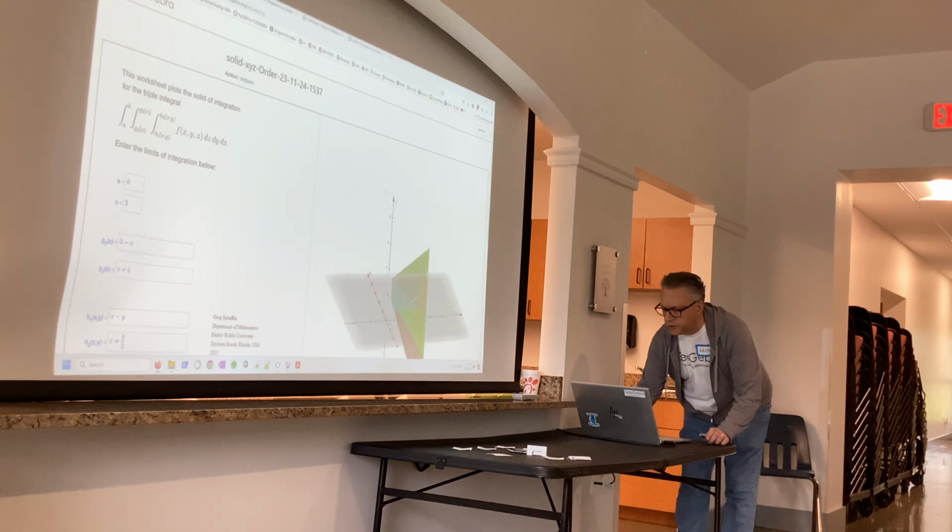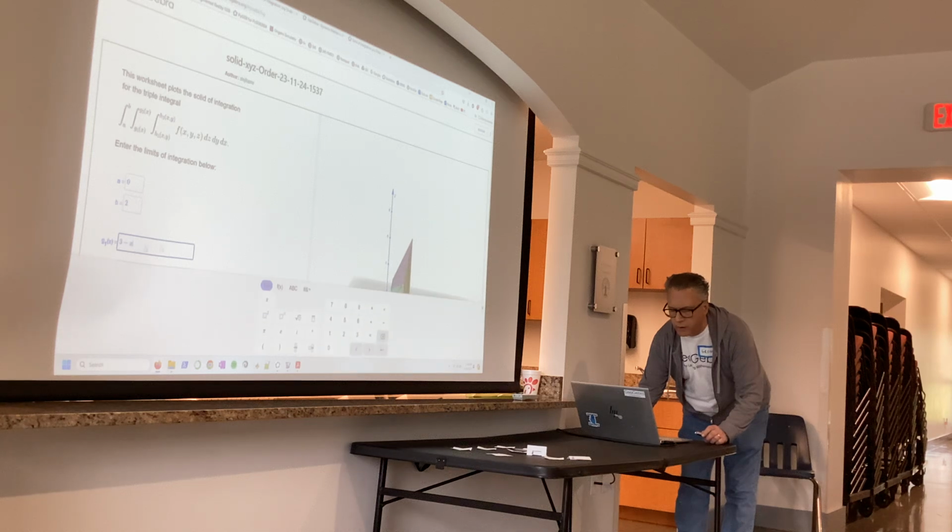And of course, they can rotate it around and look at it from all angles. GeoGebra really excels at this plotting because these are parametric surfaces. Right now they're all flat, but they could have been curved. That's real easy. I can pick any numbers I want there and any functions of x I want. Make that a little more interesting, but not too interesting.